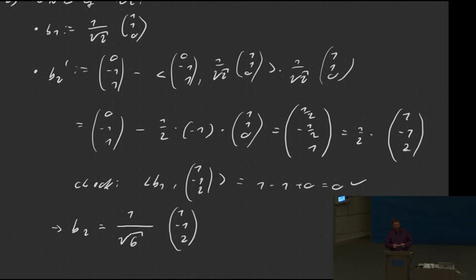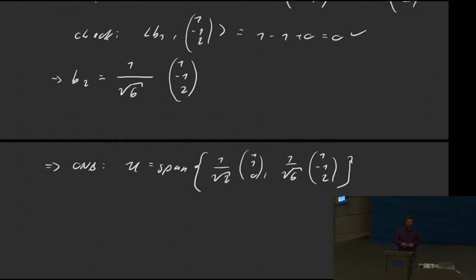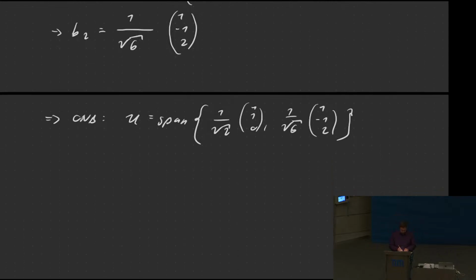Okay, and now subsequently we can use that ONB to compute projections. So now let's project W and V onto U. Let's do W one more time just to verify that my argument before was correct.